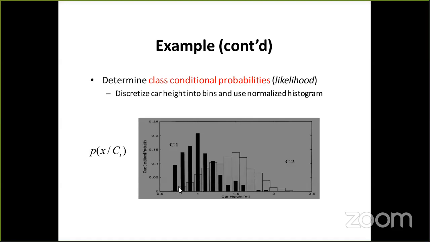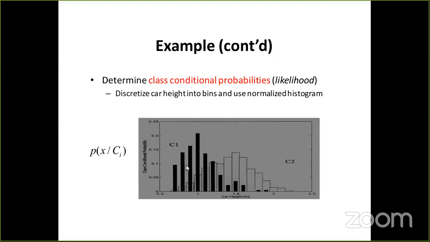And then we can compute the likelihood, which is p of x given the class. How do we compute p of x given class? This simply can be a histogram. For C1, we consider all the cars which belong to class 1, compute their heights, and get a histogram over which height is more prominent in that category.